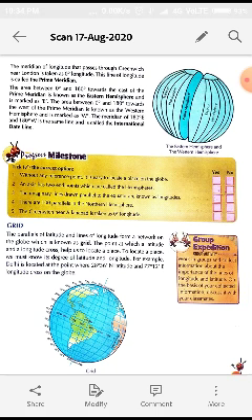The area between 0 degree and 180 degree towards the east of the prime meridian is known as the eastern hemisphere, and is marked as E because of east.